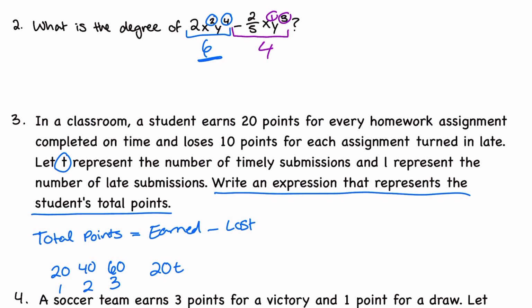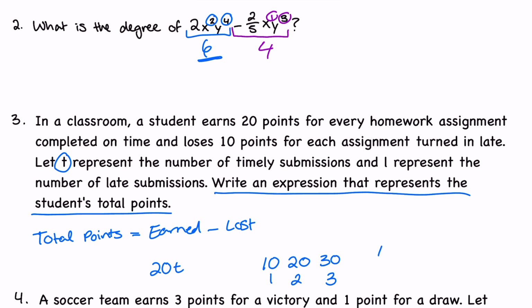which we're calling T. And a student loses 10 points for each assignment turned in late. So that means they're losing 10 points for one assignment turned in late. They're losing 20 points for two assignments turned in late. And they're losing 30 points for 3 assignments turned in late.